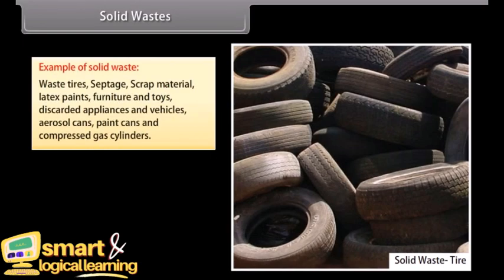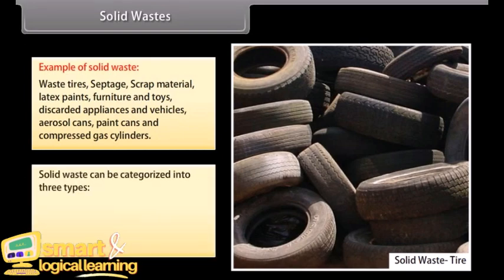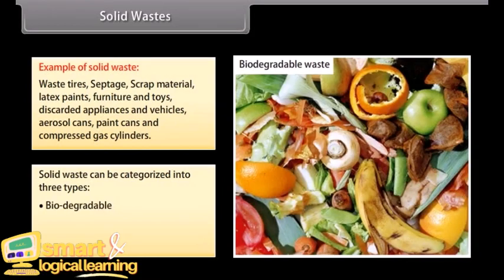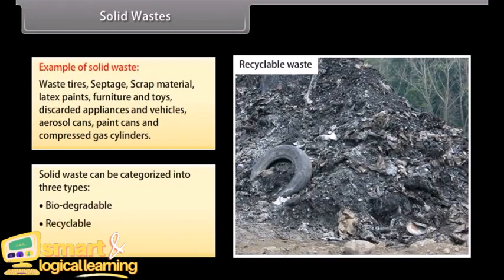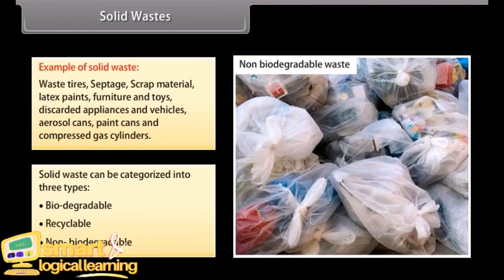Waste tires, septage, scrap material, latex paints, furniture and toys, discarded appliances and vehicles, aerosol cans, paint cans and compressed gas cylinders. Solid waste can be categorized into three types: biodegradable, recyclable, and non-biodegradable.